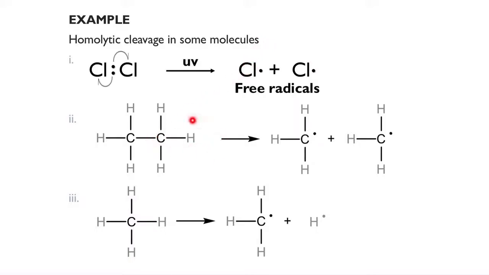Okay, so for an example like this, how do we know where to cleave the bond? Which single bond are we cleaving? So we look at the product. Here you have your free radical and free radical. That means that it's between the carbons. Okay, so that means your arrow should be like this, from the middle towards the carbon, from the middle towards the carbon.